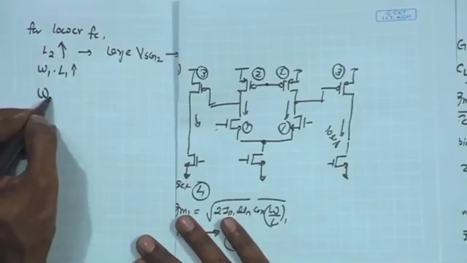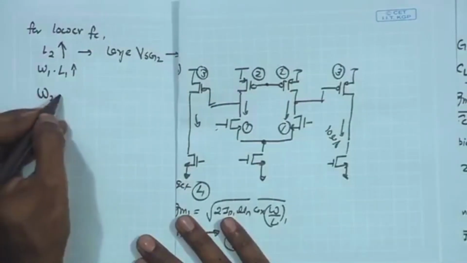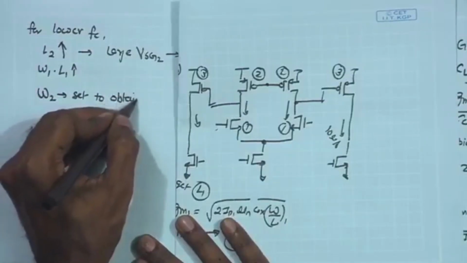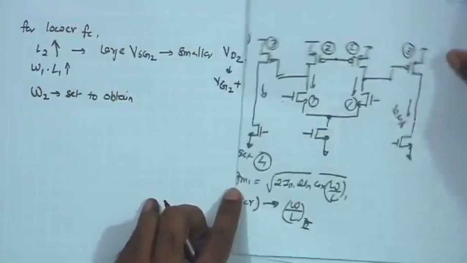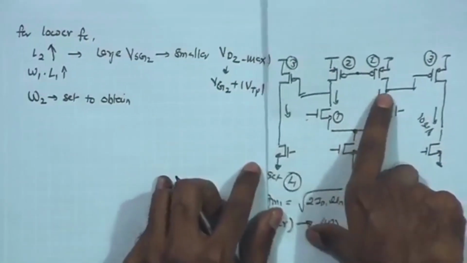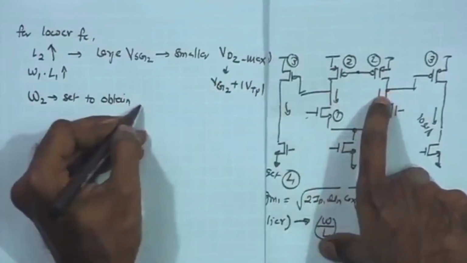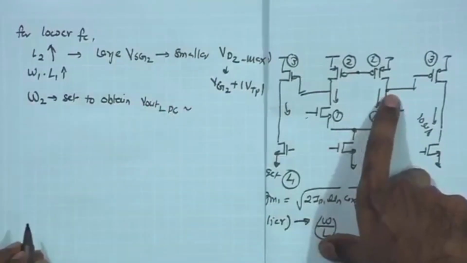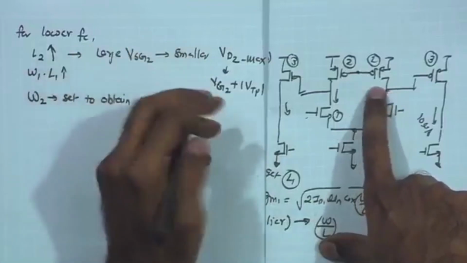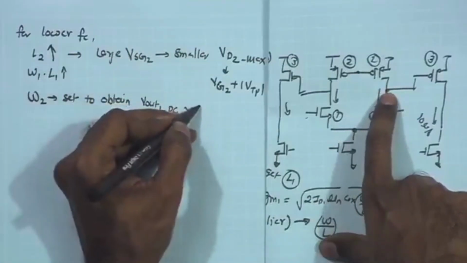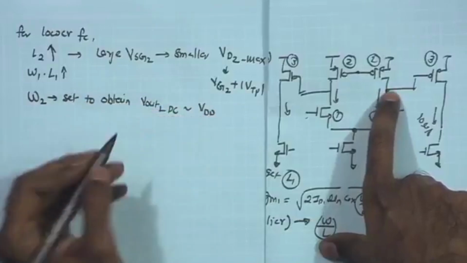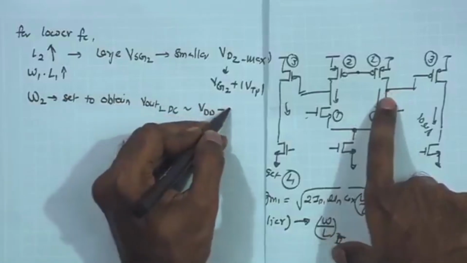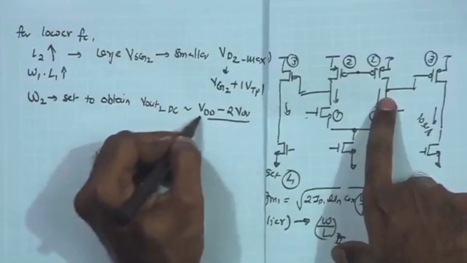So, W2 can be set to obtain, say, the Vout1 DC, at the max say close to VDD minus 2 V overdrive, or VDD minus 2 V overdrive, this can be a sufficient number.